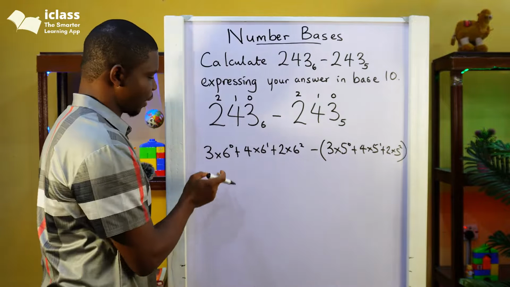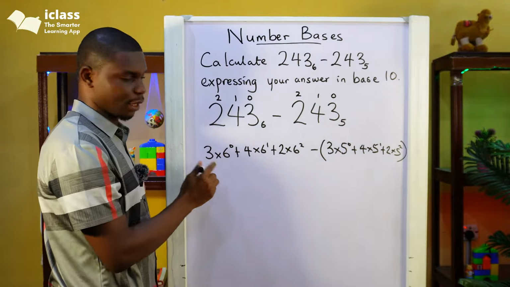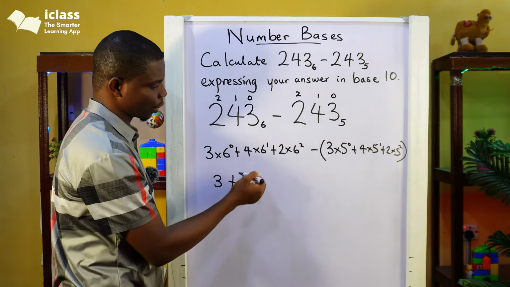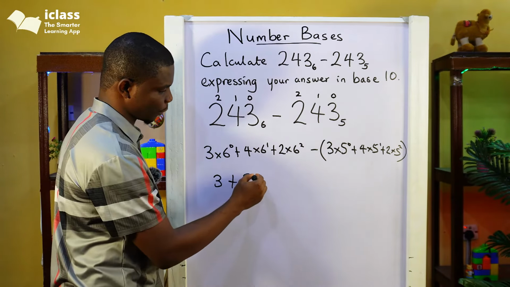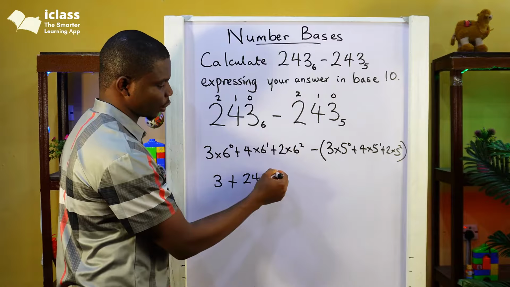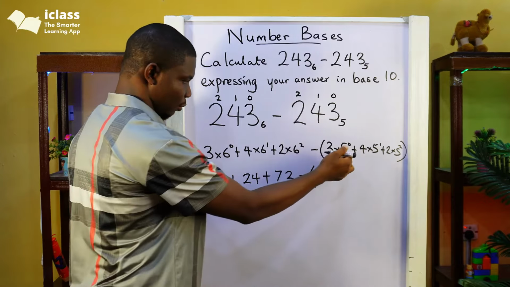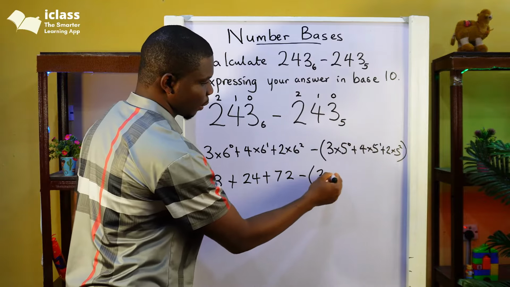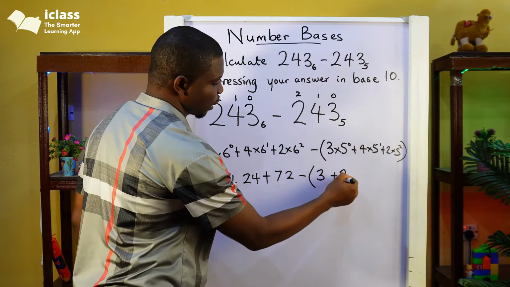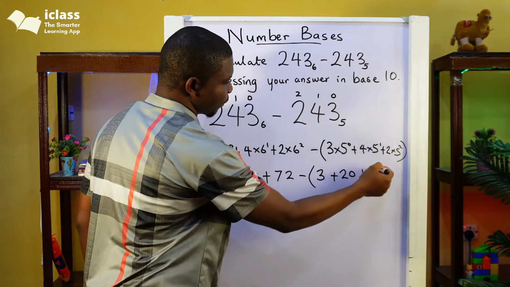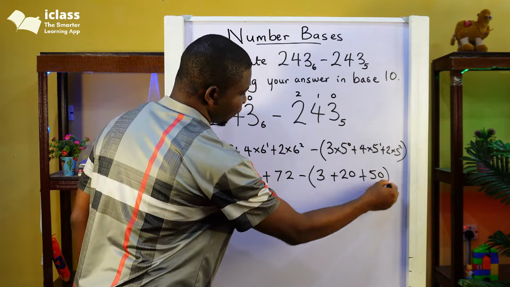So what would this give us? This is 1 times 3, which is 3, plus 6 times 4 is 24, plus 36 times 2 is 72. Then minus 1 times 3 is 3, plus 5 times 4 is 20, plus 25 times 2 is 50.